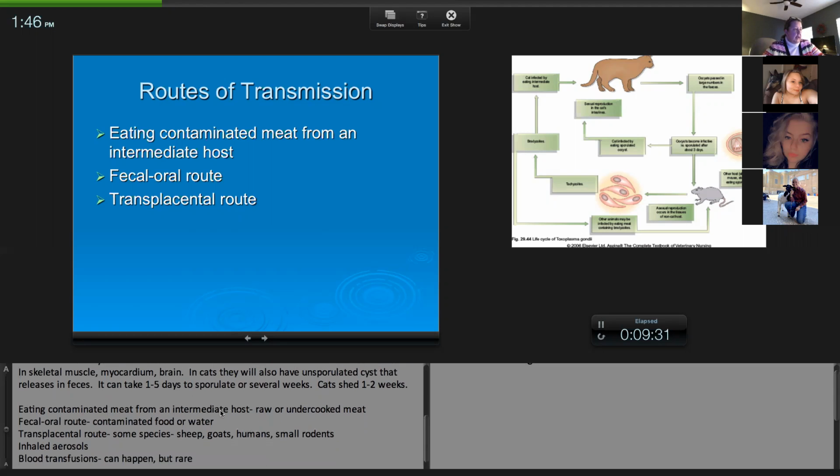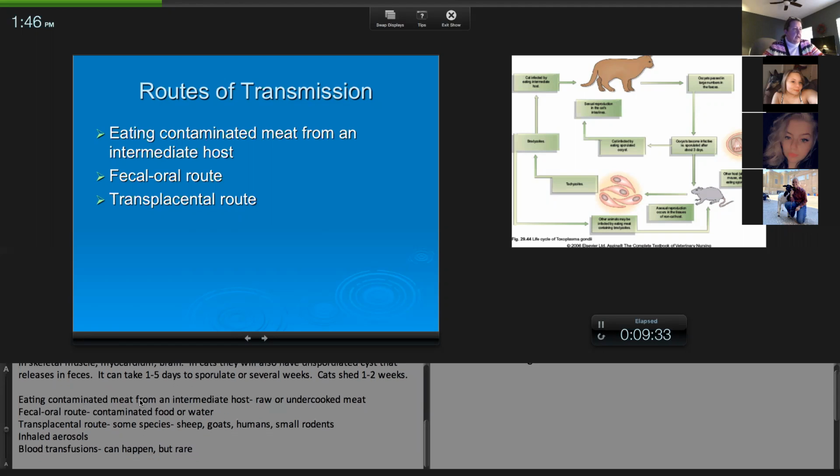So they can be shedding. So again, eating that contaminated meat. I'm going to talk about pregnant women because you have to be really cautious when you're pregnant about toxoplasmosis. Pregnant women are not really supposed to eat sushi or any undercooked meat.